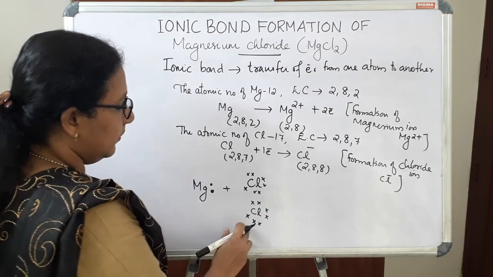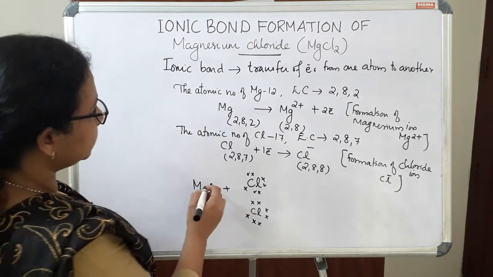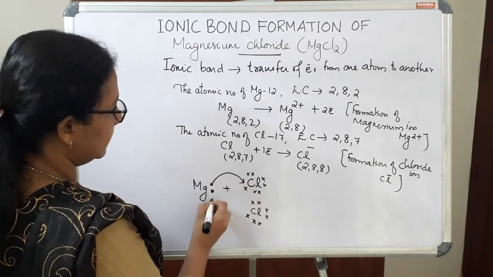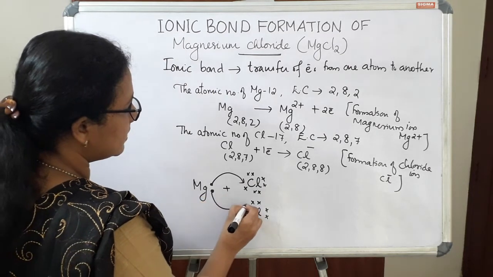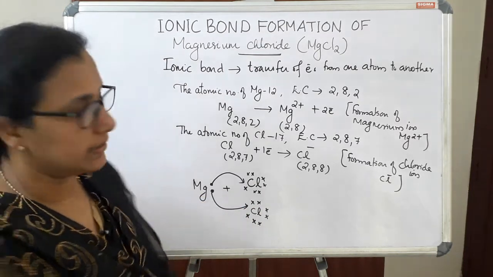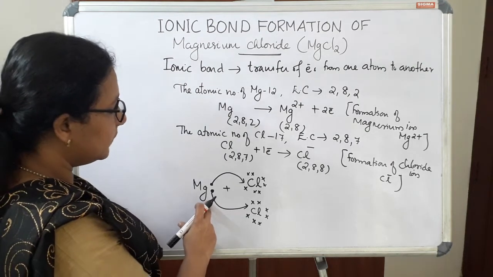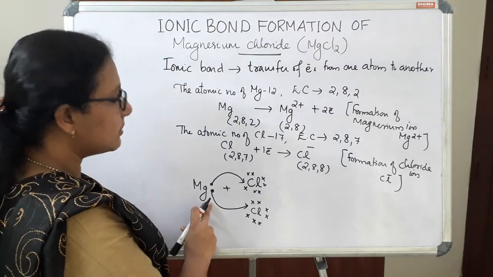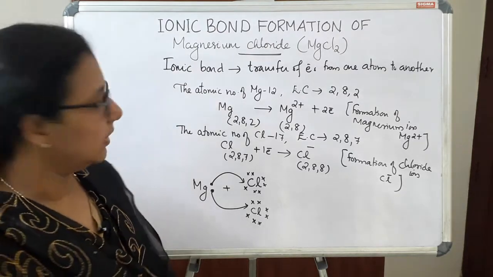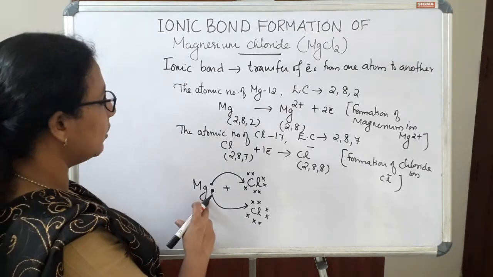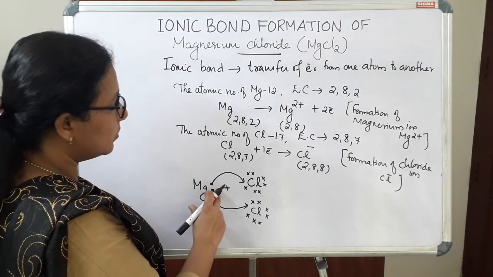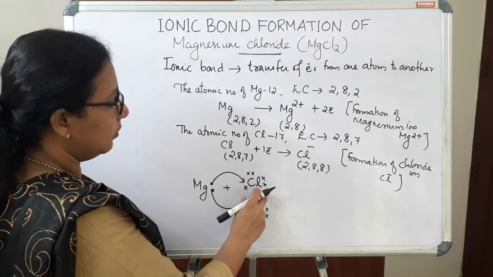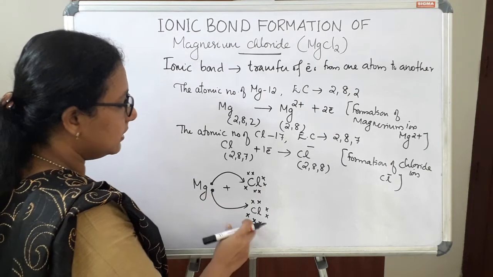We need to take 2 chlorine atoms, so that 1 electron is transferred to one chlorine atom and the other electron is transferred to the other chlorine atom.